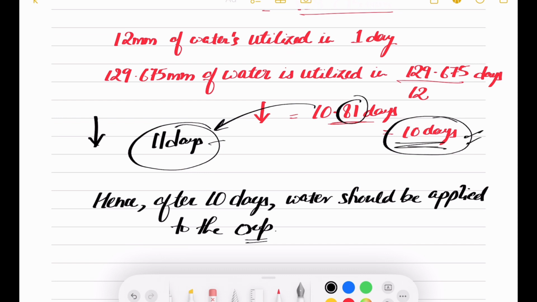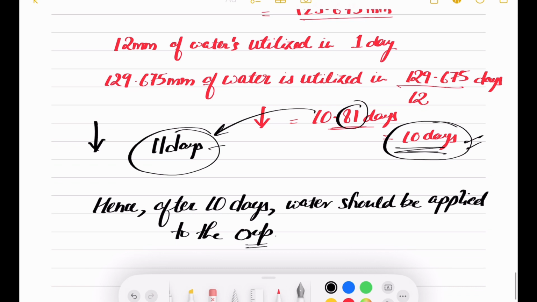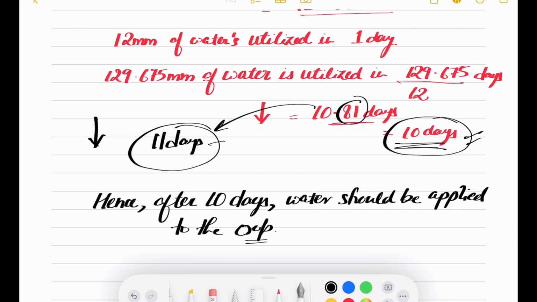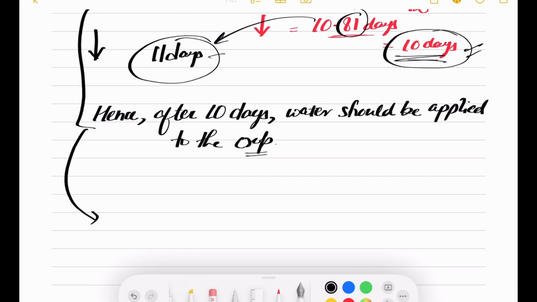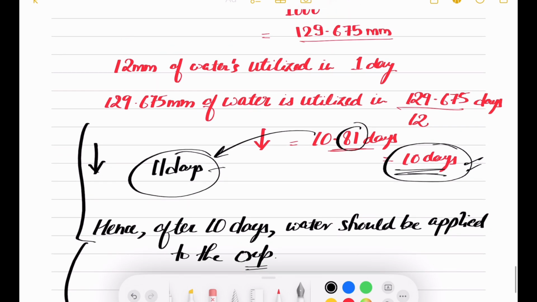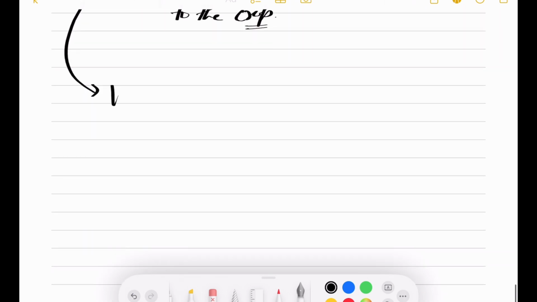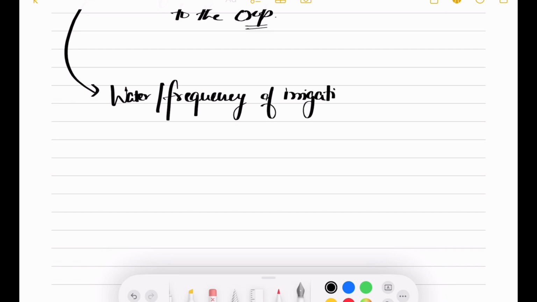Okay, so this is how the numericals on the depth of water stored in the root zone are done. If you want, you can put it in a formula also. It's a simple unitary method, nothing much in a formula. But if you want to put it in a formula, the frequency of irrigation can be represented as d dash w divided by CU.